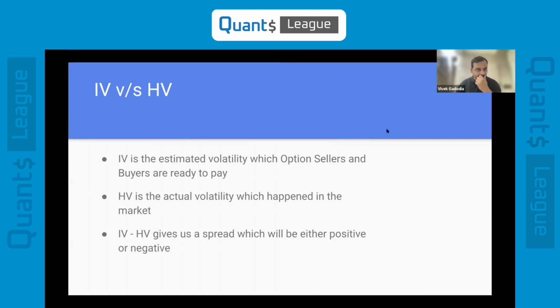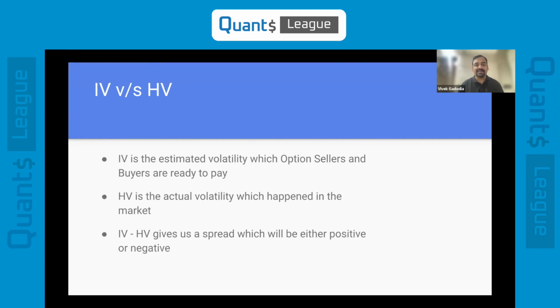So what is IV? IV is the estimated volatility which the option sellers and buyers are ready to pay and transact on in the market. So IV is an estimate, which is why the word is implied volatility. In the Black-Scholes formula for option pricing, IV is the only variable which is not known.